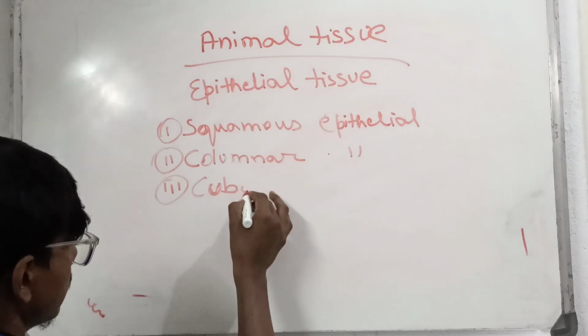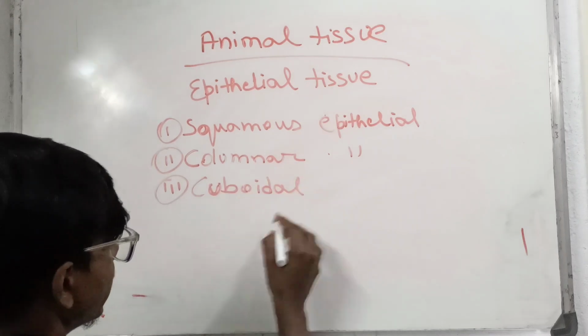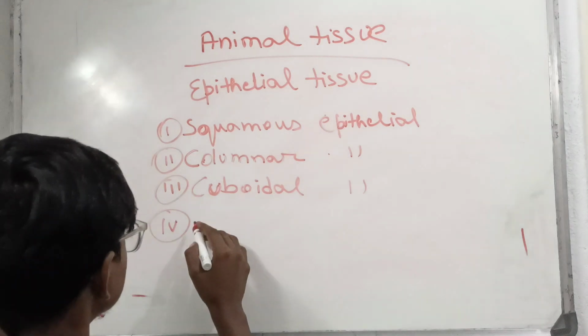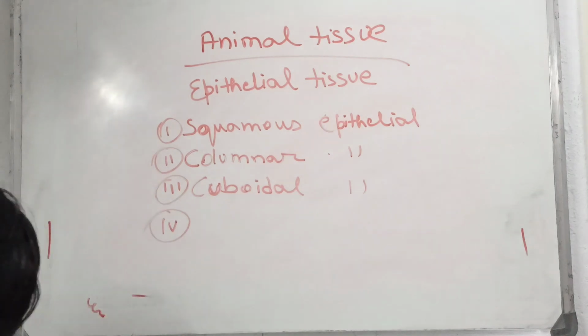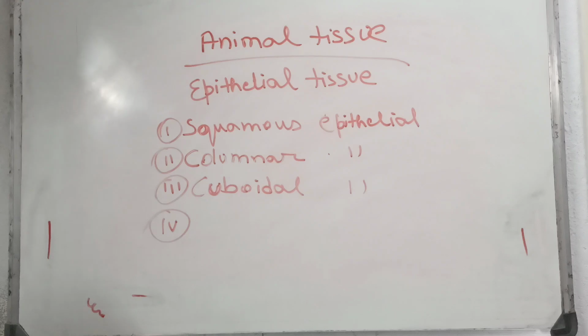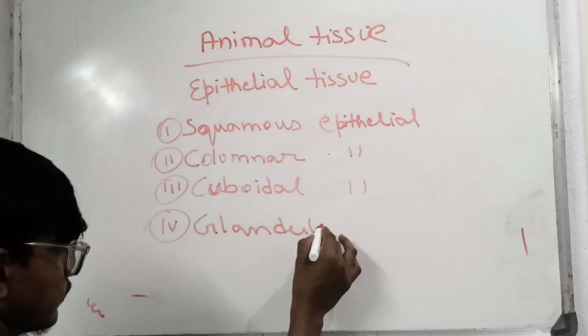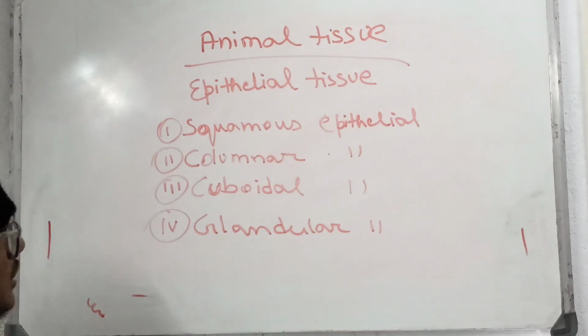Third, cuboidal epithelial. Fourth, you can say one special type, glandular epithelial. So these are the four types of the epithelial tissue.